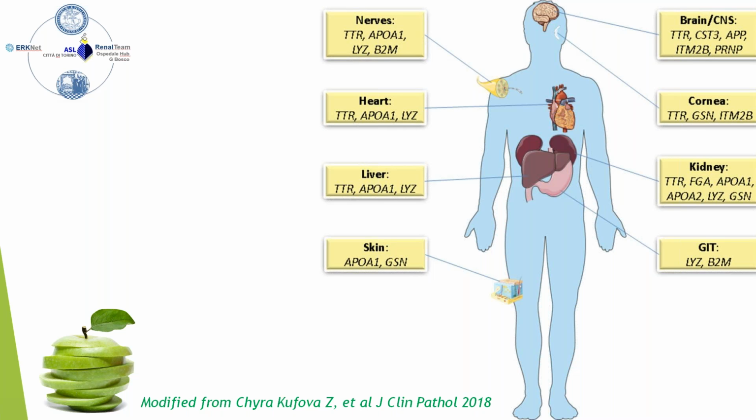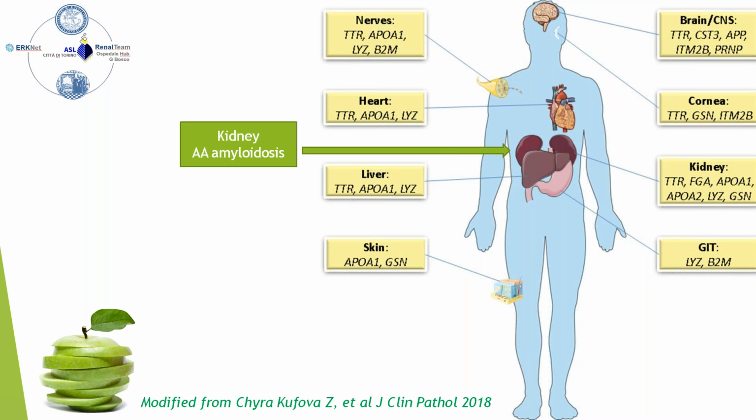But also transthyretin can involve the kidney, even if it's considered a typical form of heart and of peripheral nervous system. On the other hand, the AA form typically involves the kidney.